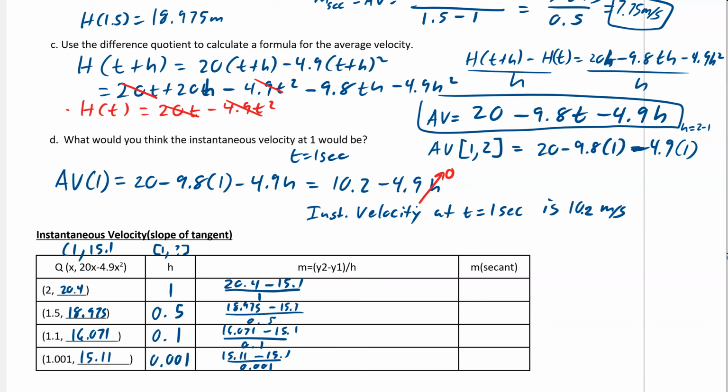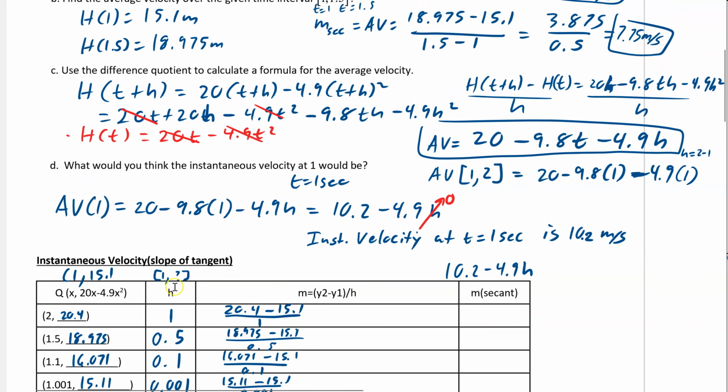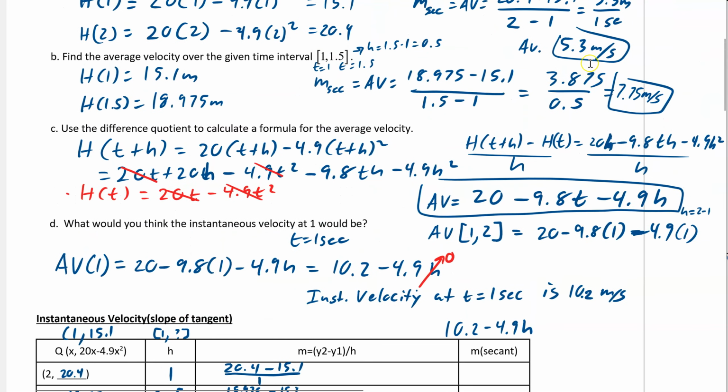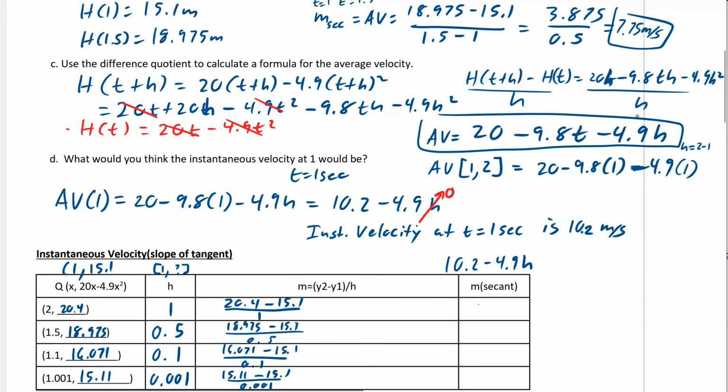And now you can even use our formula here. This is just 10.2 minus 4.9h. So what is 10.2 minus 4.9 times 1? That's 5.3. And then for 0.5, we already knew that one was 7.75, but you don't actually have to calculate this.